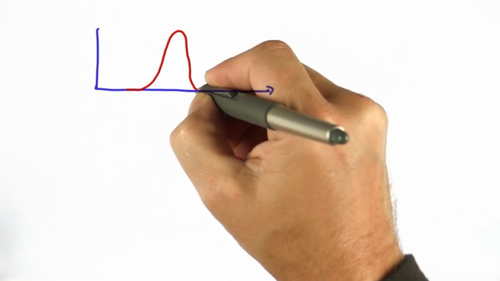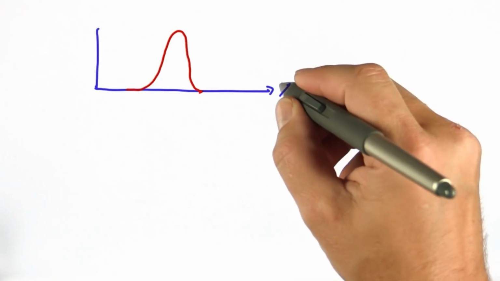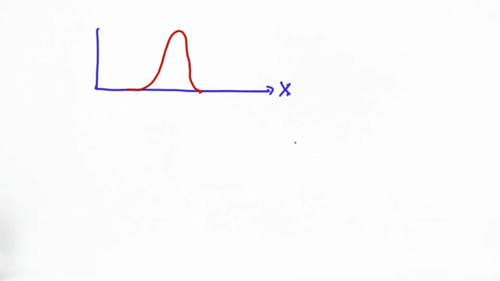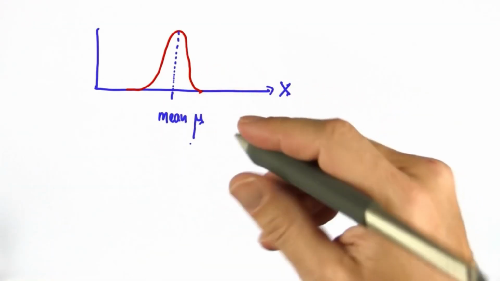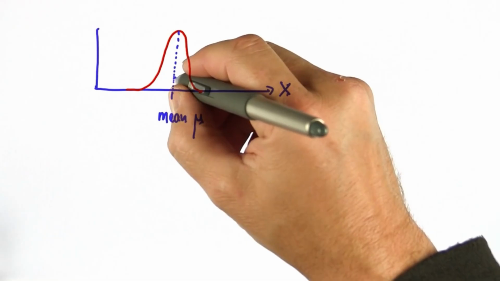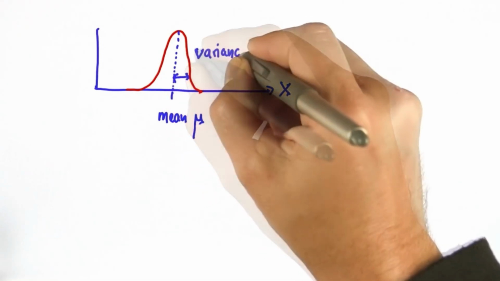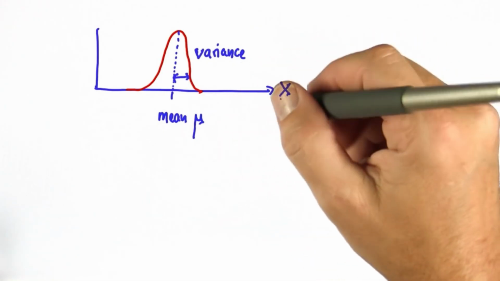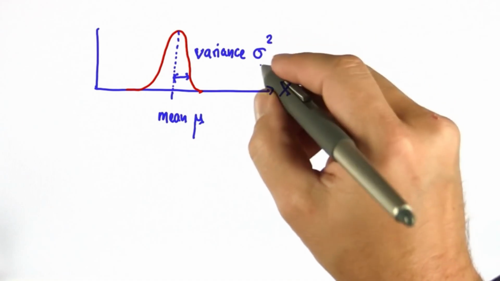So here's our Gaussian again. And if we call the space x, then the Gaussian is characterized by two parameters. The mean, often abbreviated with the Greek letter mu, and the width of the Gaussian, often called the variance. And for reasons I don't want to go into, it's often written as a quadratic variable, sigma square.